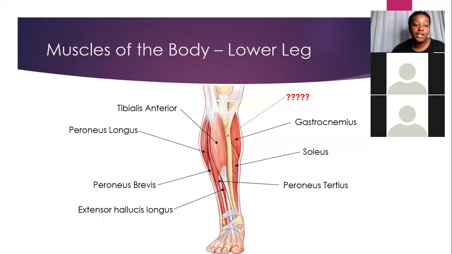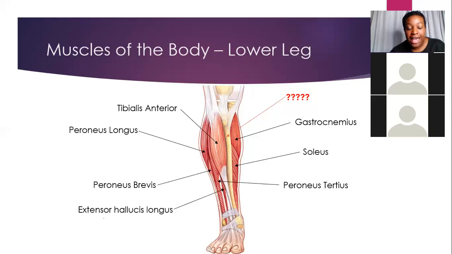Your extensor hallucis longus. This helps you to flex your big toe. So if you move your big toe up and down, this is the muscle that helps with that. It's a very small muscle. It's not a superficial muscle. Next, you've got your soleus. So this is located near your gastrocnemius, which is your calf muscle.